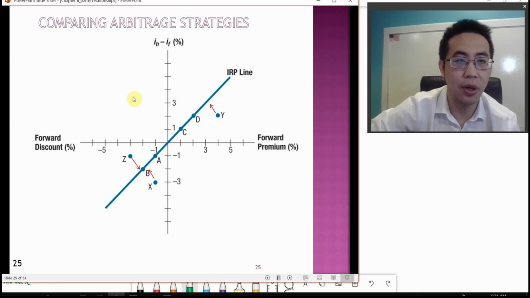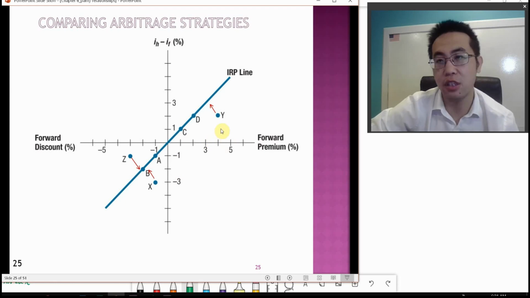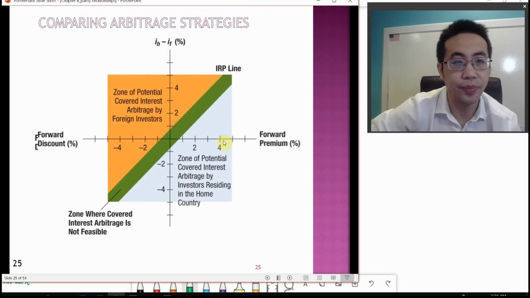So you just need to remember, any point above the interest rate parity line would be an indication that home interest is high, and any point below the interest rate parity line would be an indication that home interest is too low. Relatively speaking, of course, we have to consider all three factors, which are foreign interest, spot rate, and forward rate.